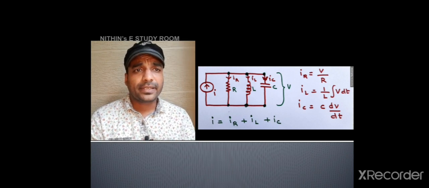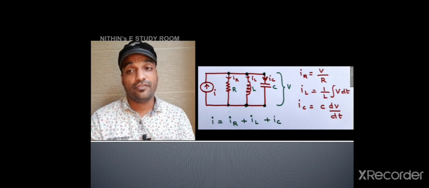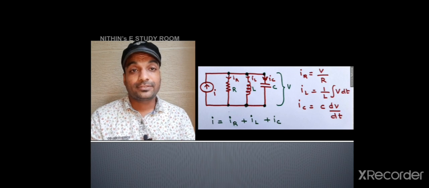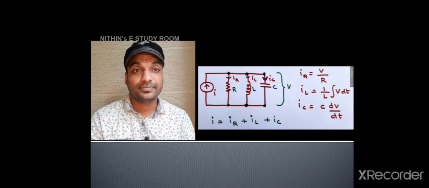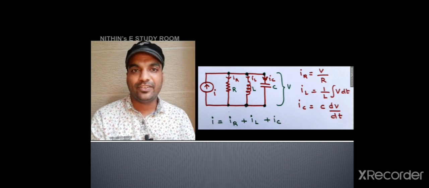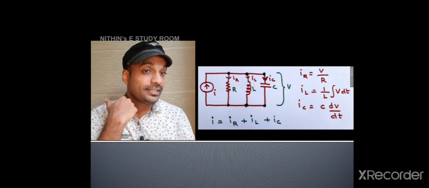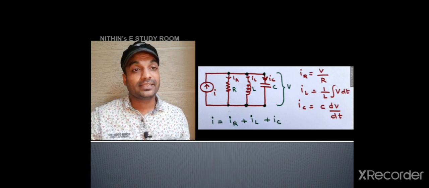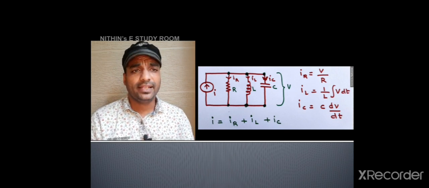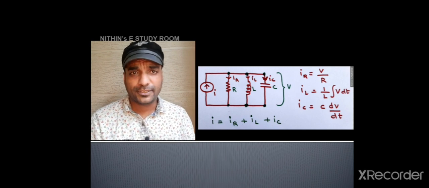In the last case we wrote the voltage across the inductor, VL, as L di by dt. Similarly, the current across a capacitor is C dV by dt, and the current across an inductor is 1 by L integral V dt. All these are standard equations.